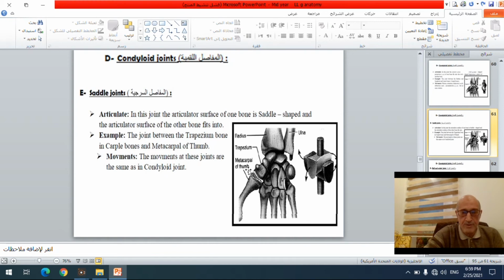Example: the joint between the trapezium and the first metacarpal of the thumb. This is the saddle shape. The movement is as that of the condyloid.